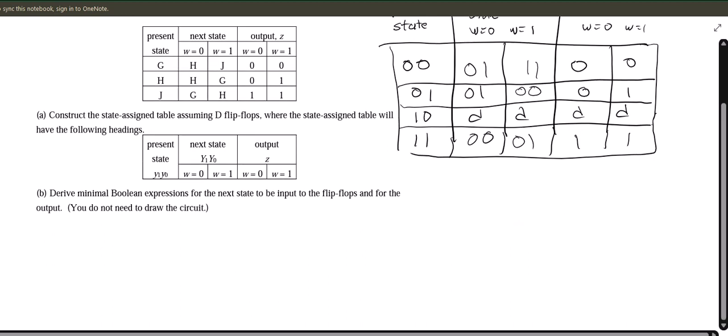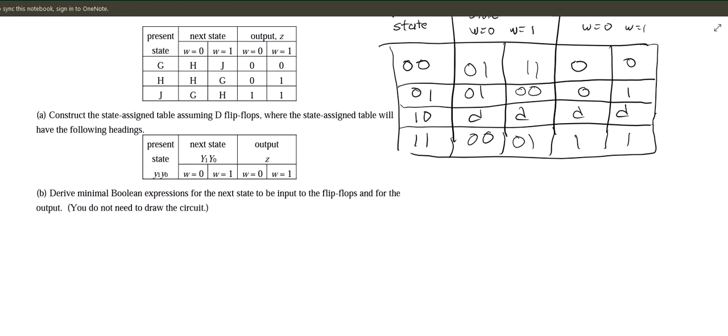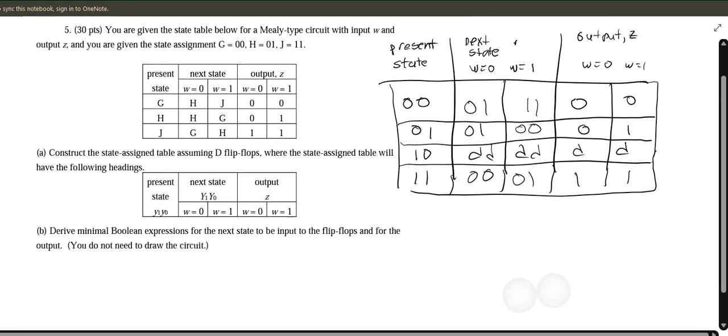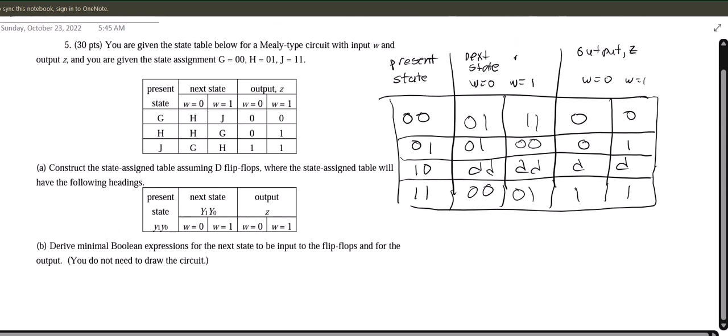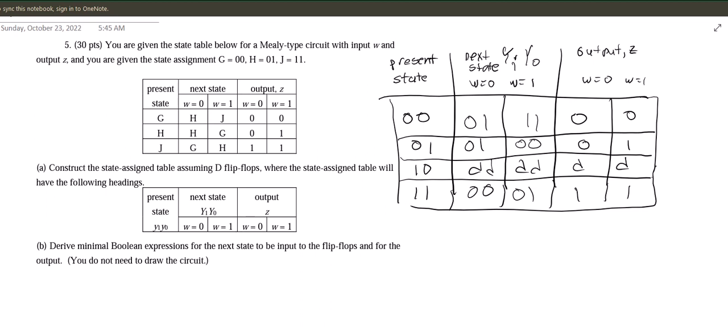Now we need to derive minimal Boolean expressions for the next state. So here's what we're going to do. I should make these D. I'm going to start with, and I should have written this as Y1, Y0 there.